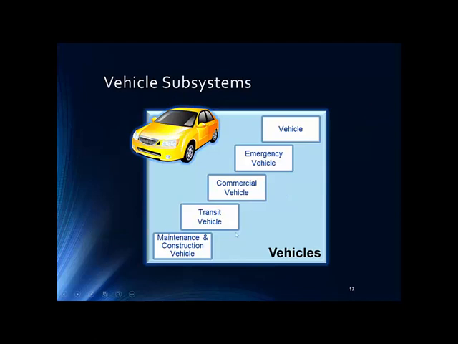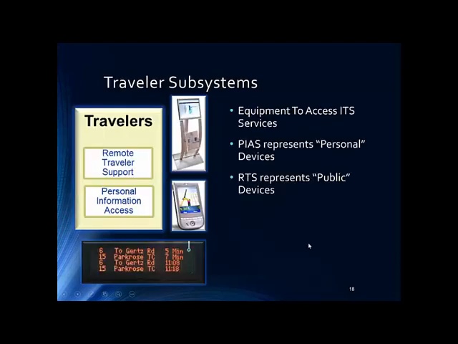Vehicle subsystems, primarily looking at things like specialized vehicles that are part of our modes, such as commercial vehicles or trucks, emergency vehicles, transit vehicles. Traveler subsystems. This is basically interfacing with people who are trying to go from point A to point B. In other words, what are travel times?